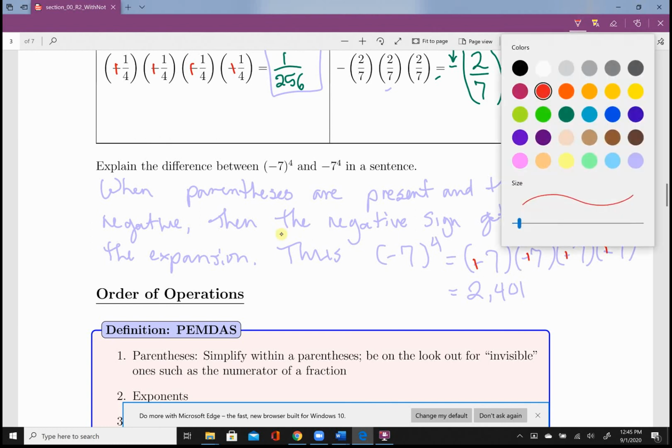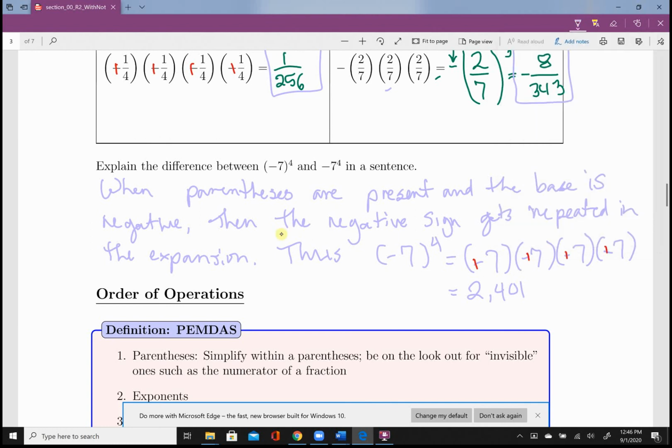Whereas, so I'll continue my thought, -7 to the fourth is just -7, 7, 7, 7, which equals -2,401. Lovely. And there we go.